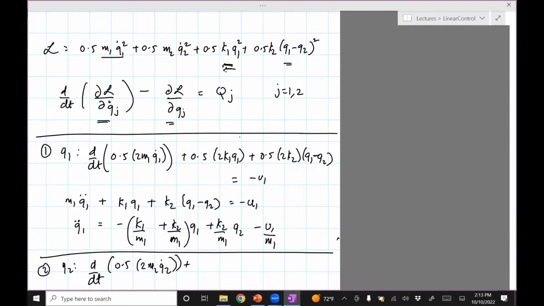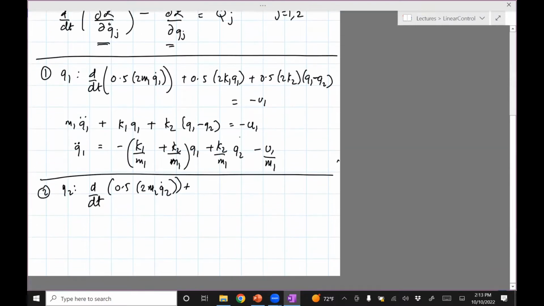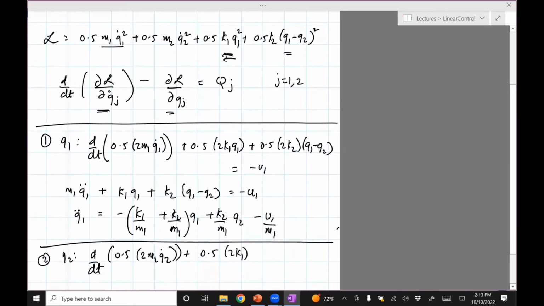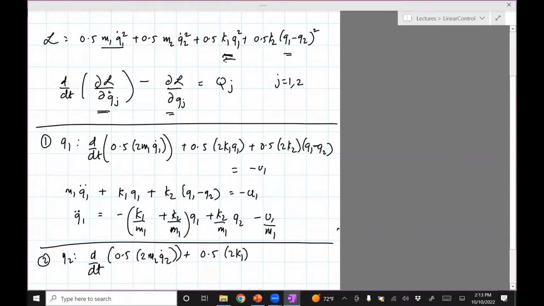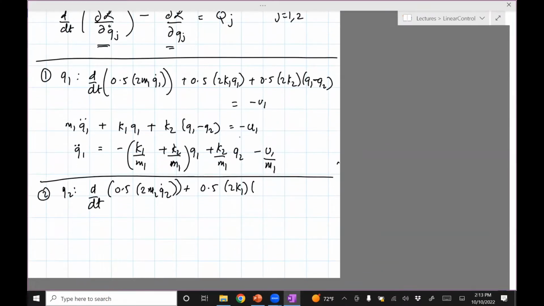I need to do 0.5 times 2 times K1. The derivative of (Q1 minus Q2) squared with respect to Q2 is going to be (Q1 minus Q2), and then I need to take the derivative of the term inside the brackets. That's going to be minus 1. So all this should be equal to the external force.